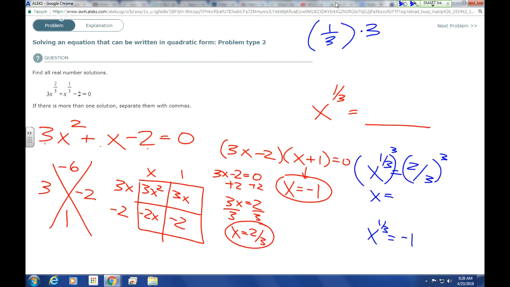So in your calculator, type this in: parentheses 2 divided by 3, parentheses, raised to the 3rd. Did it give you an ugly decimal? Hit the math button and change it into a fraction. You know how to do that? 8/27.